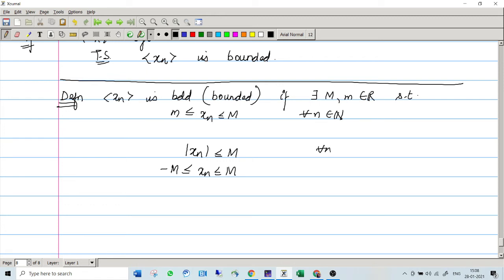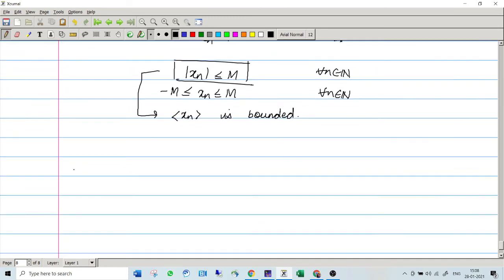This should be true for every n in N. If this inequality holds for every natural number, then we can also say the sequence is bounded, yes or no? So in such a case, the sequence xn is bounded, right? So we can use this as a definition as well. I'm quoting it formally.